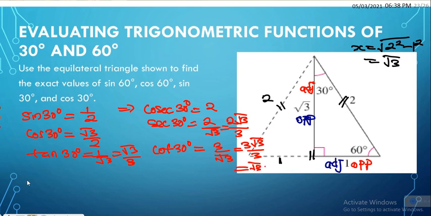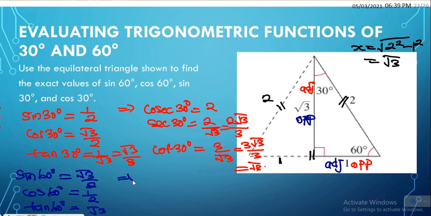Okay. Now for 60 degree, we obtain sine 60 degree equals root 3 over 2, cos 60 degree equals 1 over 2, and tan 60 degree equals root 3.